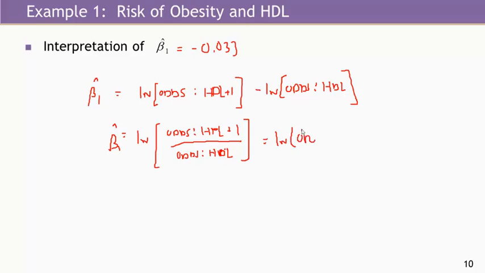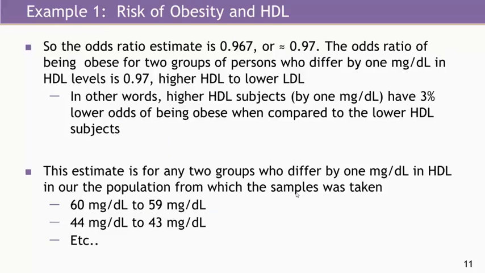So if we exponentiate this, we get the estimated odds ratio of being obese for two groups who differ by 1 unit in HDL. This odds ratio estimate is 0.967, or about 0.97.